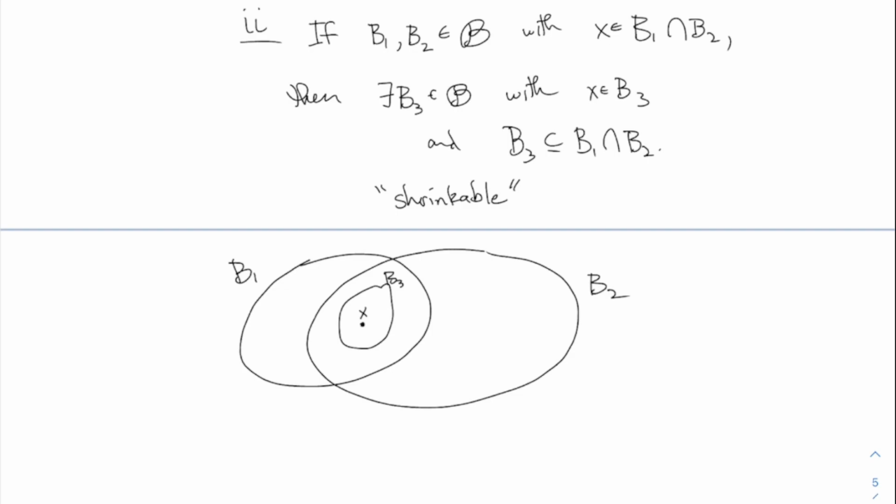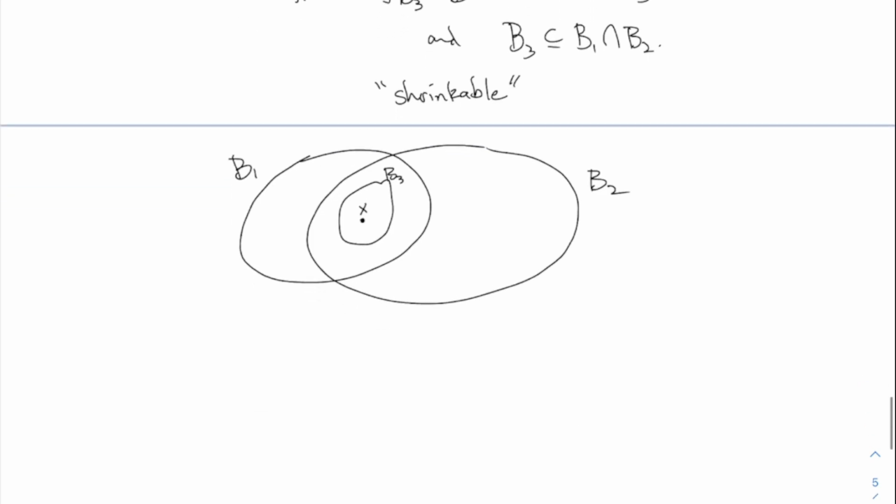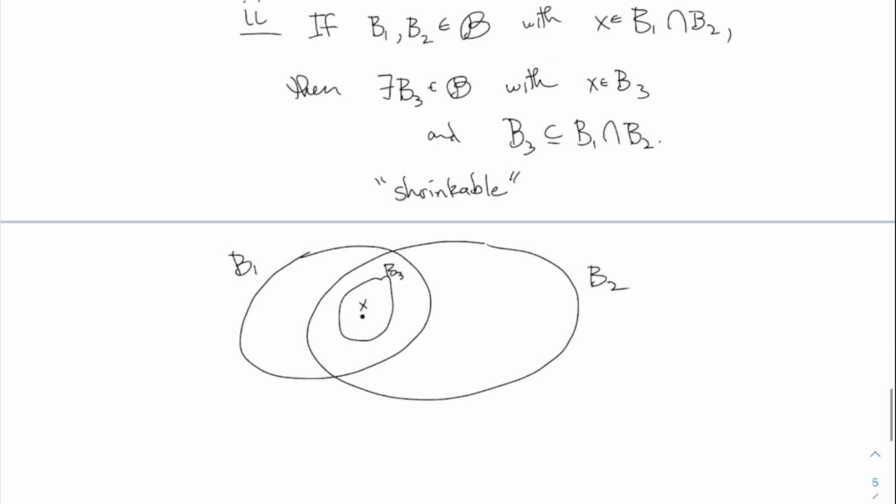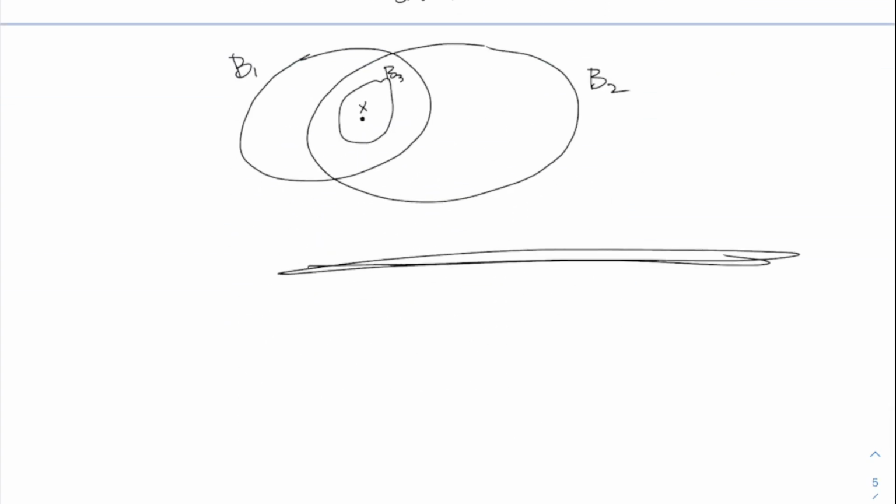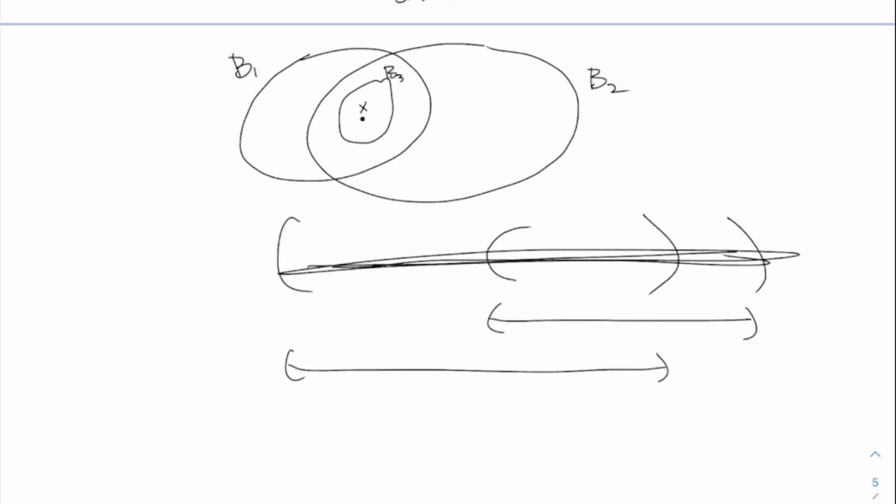All right? The analogy with the real numbers is definitely true. If I have, say, in R, two open sets, which I think of as two open intervals, say one here and another one here, I'm thinking of this interval here intersecting with this interval here. Do you agree that there actually is an open interval inside the intersection? Yeah, there is. You can make a smaller open interval inside the intersection of these two bigger open intervals.